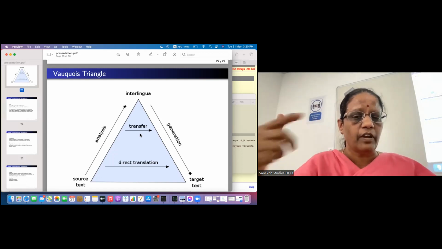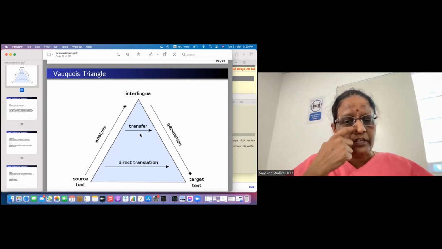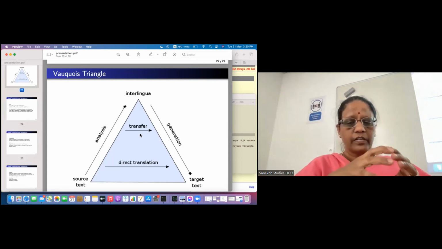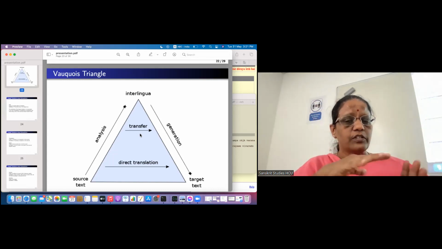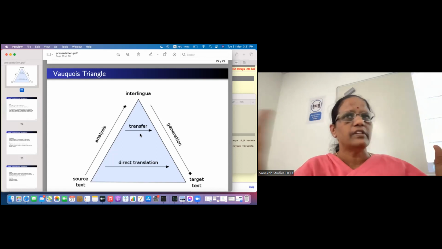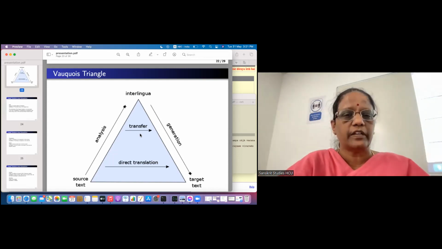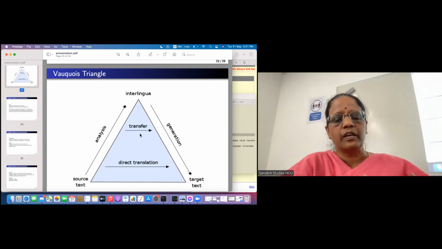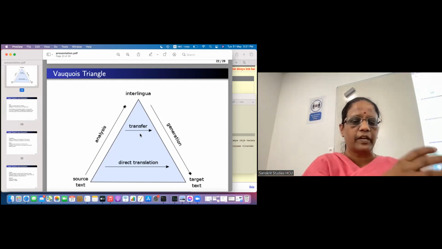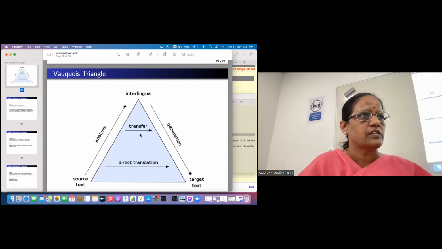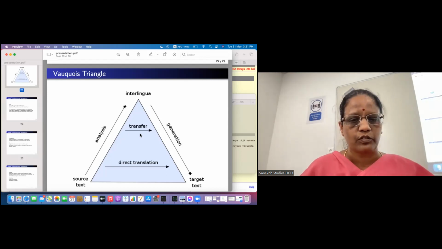When you are developing a system with the transfer approach, essentially you are now not considering only a pair of languages, but this approach can go along with several languages which share a similar syntax. For example, many of the European languages can fit this transfer model, or many of the Indian languages can fit the transfer approach.